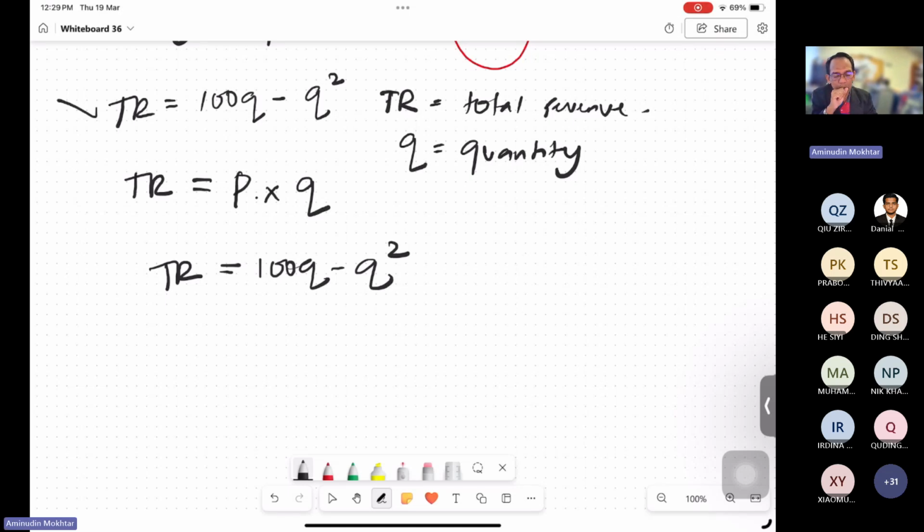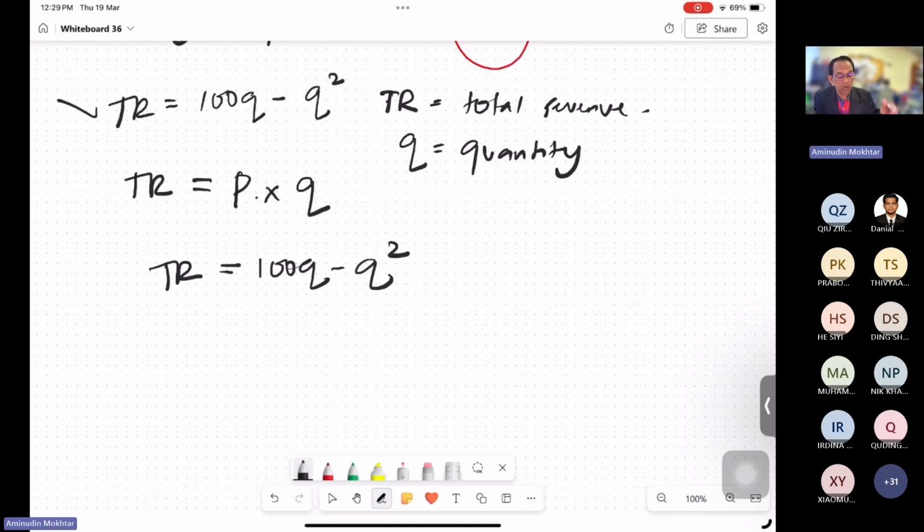If you assume the price P is fixed, the higher the Q, the higher the TR, because P times Q equals TR. If the quantity of sale Q increases, the total revenue also increases. Normally there is a positive relationship between P and Q.